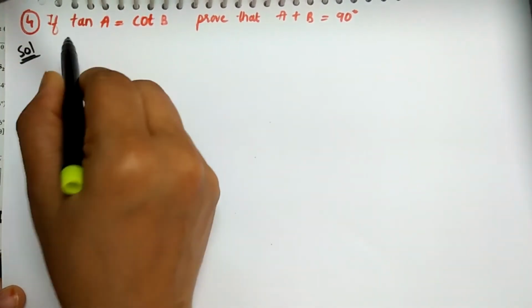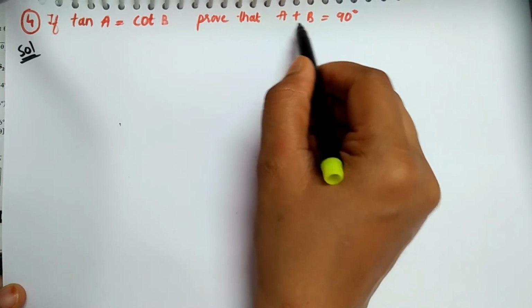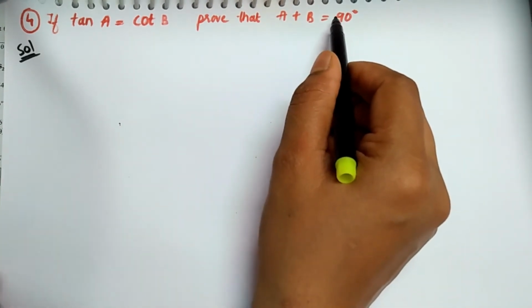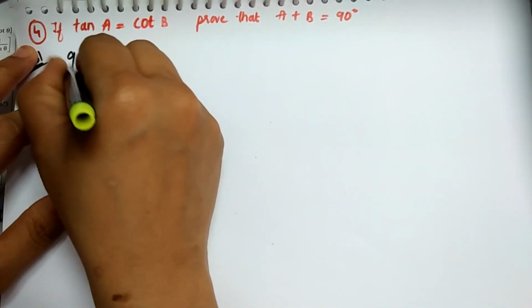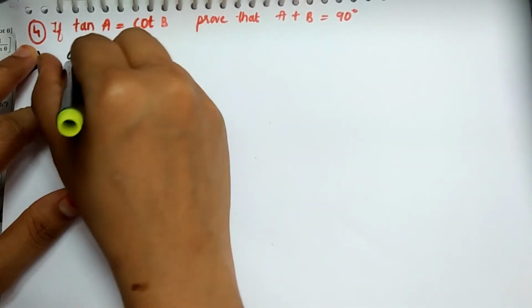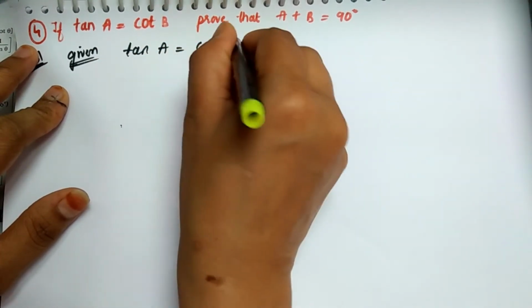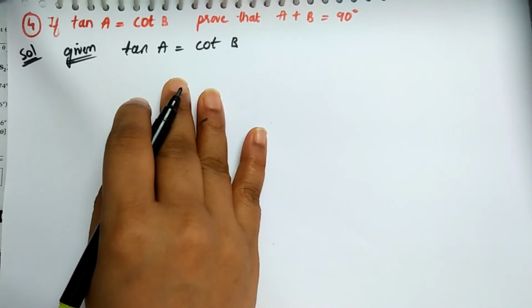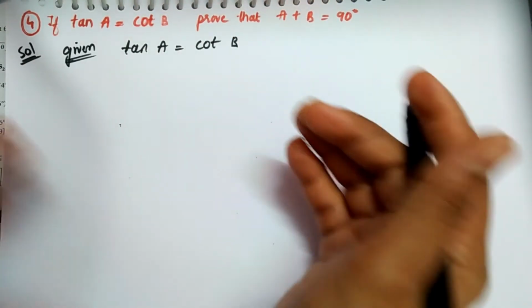Okay, the fourth one is: if tan A equals cot B, then prove that A plus B equals 90 degrees. Here it's very simple. We copy the given value, tan A equals cot B. We can convert either value, because nothing is given like the highest or lowest number.